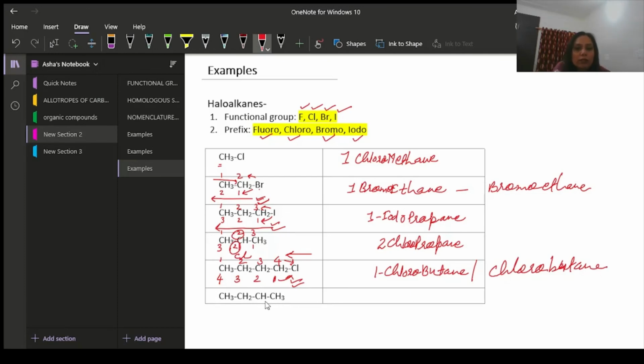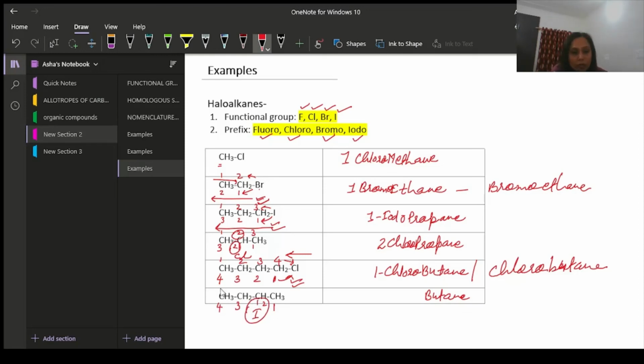Now in this one, I'll attach here I, let us say. Now this is a 4 carbon compound, so you can write but. You are seeing single bond, so it will be butane simply. Now I is coming here. If you are doing numbering from back side 1, 2, 3, 4, so I is with the second carbon in the backward counting.